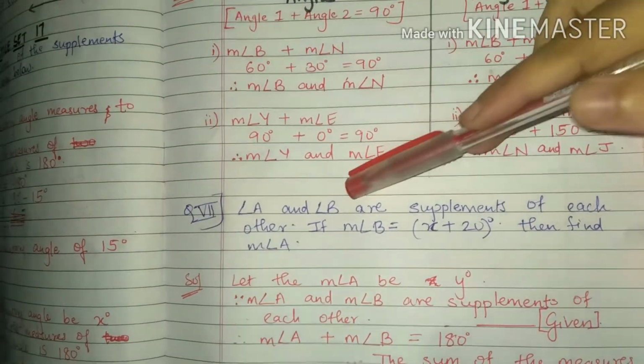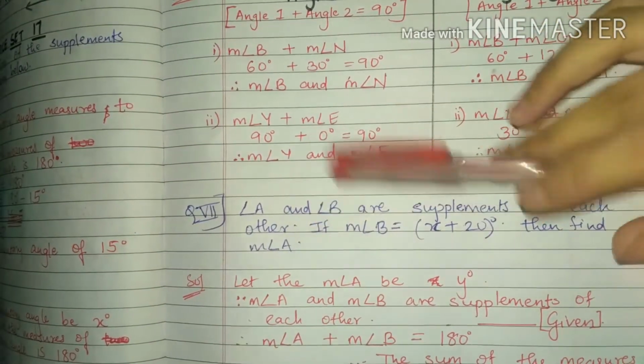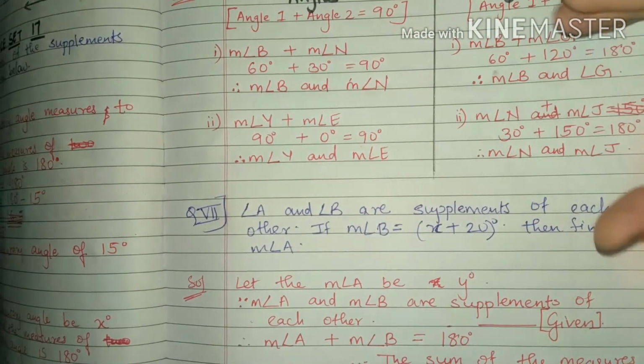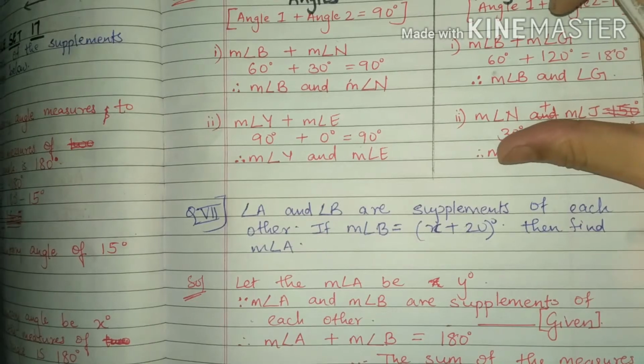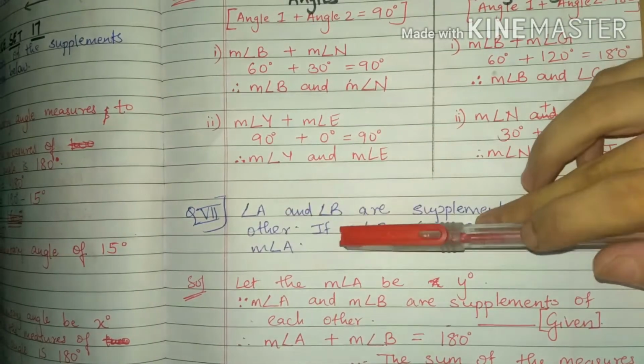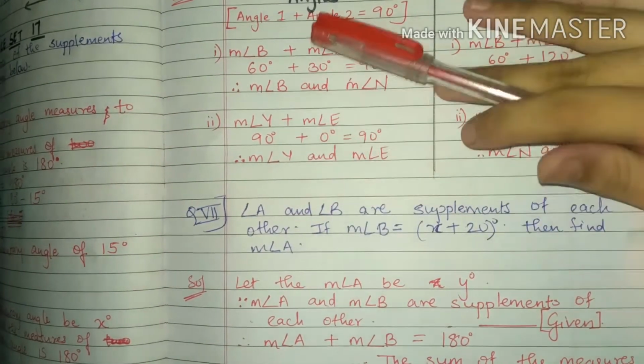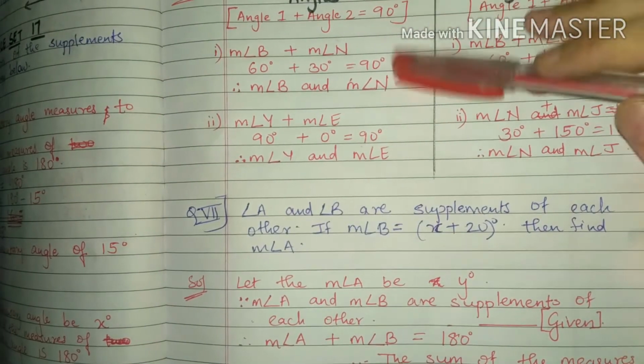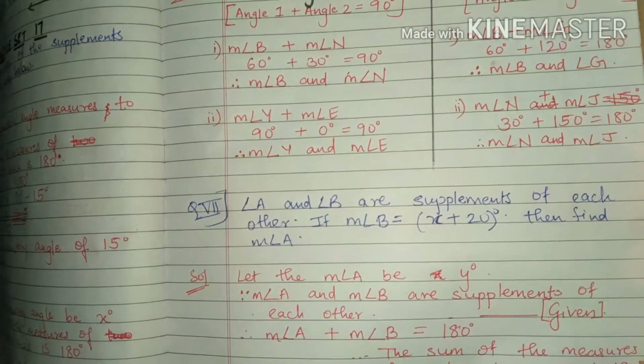Okay, so let's see. The seventh question is also similar to all this. In that also you just have to use the definition of supplementary angles. So I am taking it directly as the seventh question. Middle questions, don't worry, I will do them. Third, fourth, fifth, which are remaining, I will do in the next class.